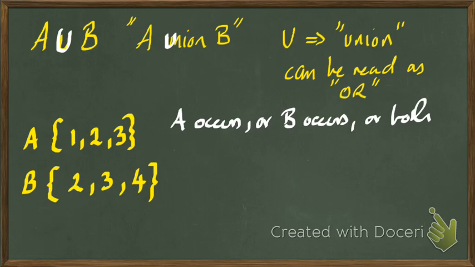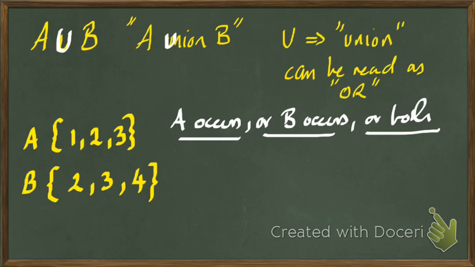So here are my sets A and B that we had in the previous slide, and one of the things about the OR statement is that if we read it in the context of sets A and B here, it's saying that A occurs, or B occurs, or both occur.